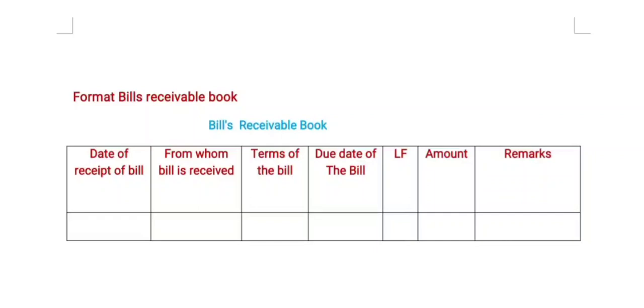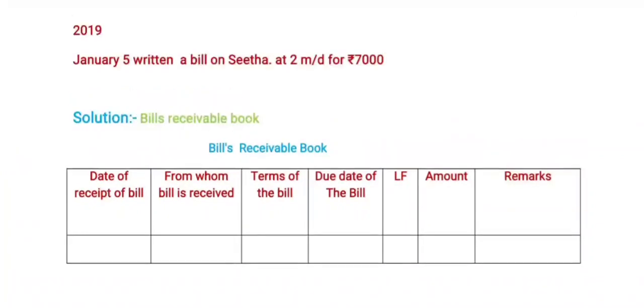Now coming to remarks, it is related to presentation and encashment of the bill. It is accepted or not accepted, who it is drawn on, at the end of the bill. Like this, these types of details are written here.